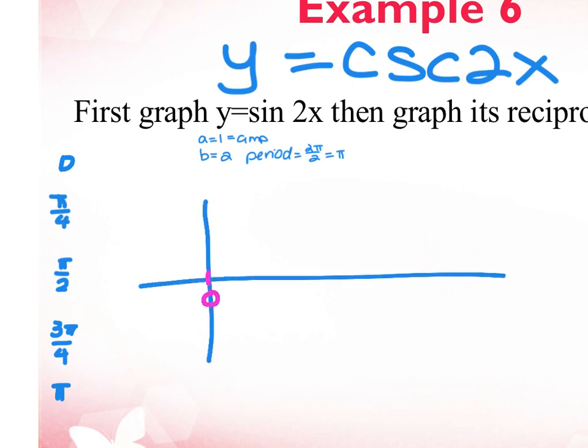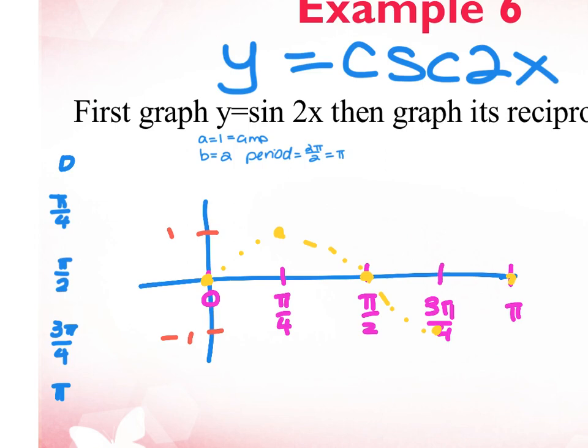I plot my 0, my pi over 4, my pi over 2, my 3 pi over 4, and pi. So 5 key points. My amplitude is 1, so I'm going up 1 and down 1, and it's cosecant, which means I'm going to first graph sine. So I would go to 0, up to 1, down to 0, -1 to 0. So that would be your sine curve.